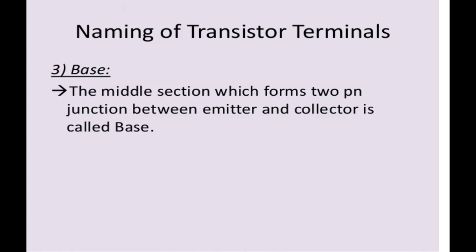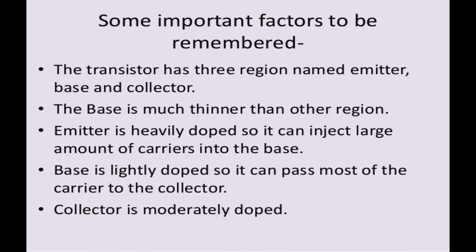Okay, now some important facts to remember related to transistor. Transistor has three terminal regions, named the emitter, base and collector. We already revised it. The base is much thinner than other regions, very thin as compared to emitter and collector. Emitter is heavily doped, so it can inject a large amount of carriers into the base.